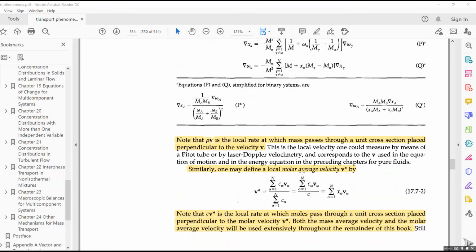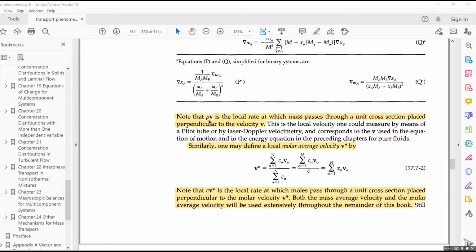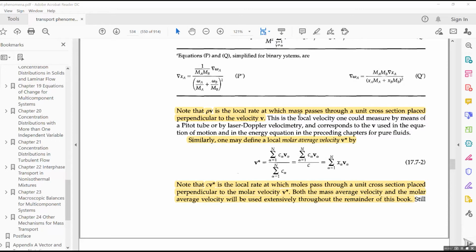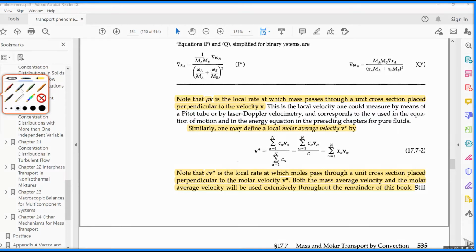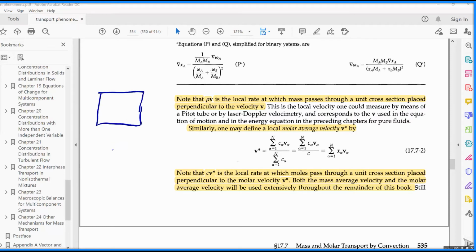Here, as we note, this term is rho multiplied by V. Rho here is the mixture mass concentration, and V is the mixture mass average velocity, as the mass passes through a unit cross section perpendicular to the velocity V. That means, let's say we have some plane here, and the fluid is flowing perpendicular to it. That means the angle between this surface and this vector is 90 degrees.